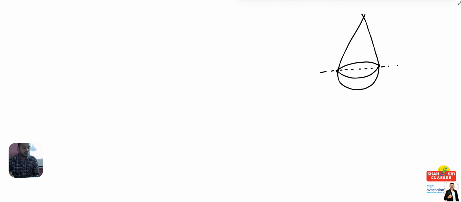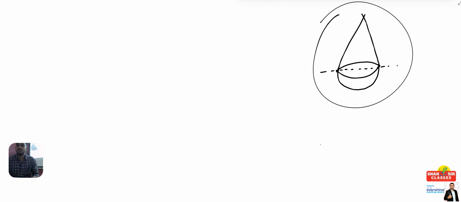Okay, let me find this question first. A cone is mounted on a hemisphere of radius r and height h. Then the volume of the solid is. Now what is the formula to find the volume of this figure? Now we got a new solid. First the cone was different, the hemisphere was different. Now we have mounted both together.